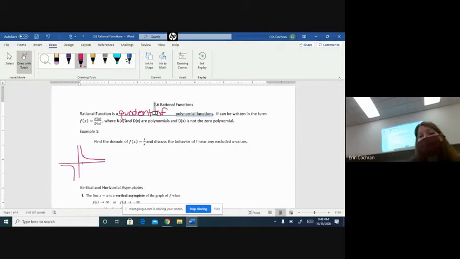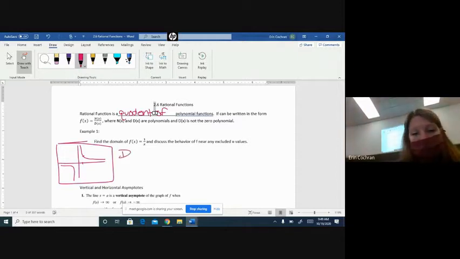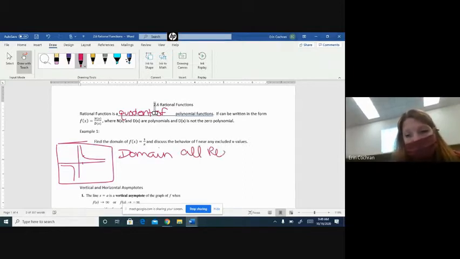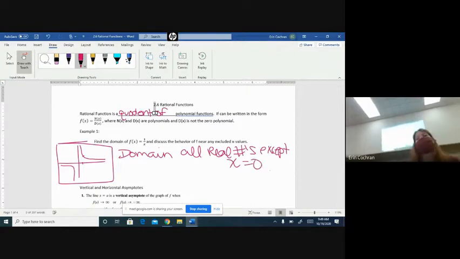And we know my x values can be every single number except for 0. So what's my domain? All real numbers except when x equals 0.